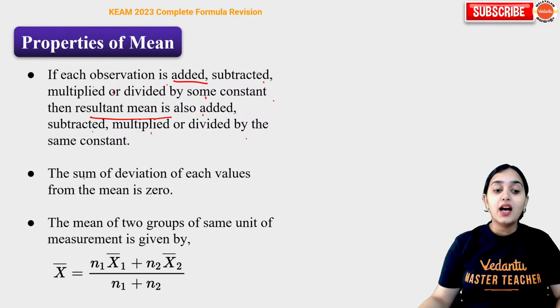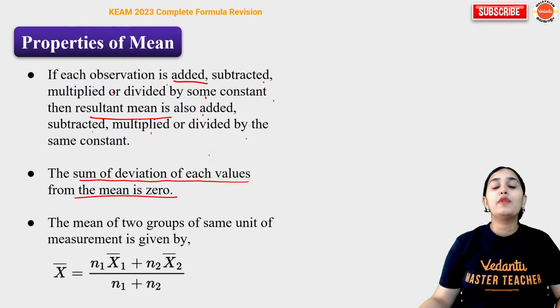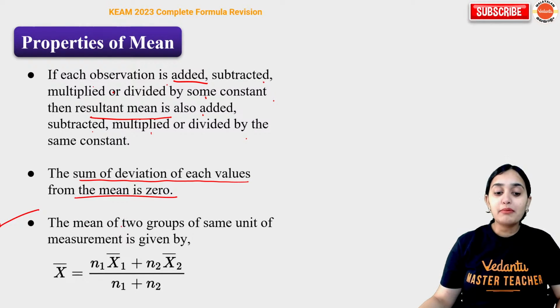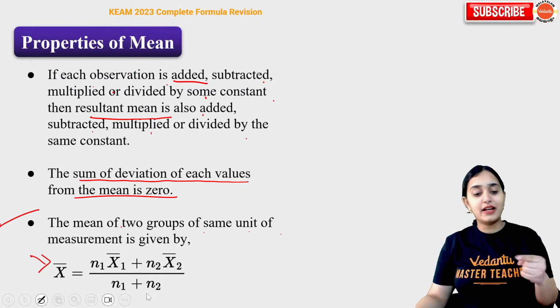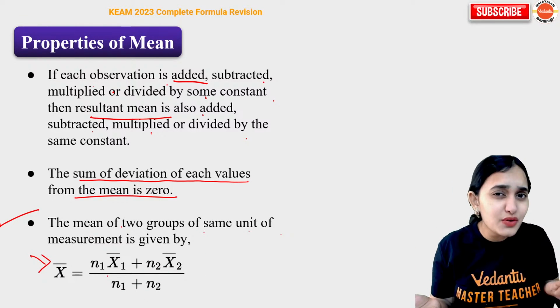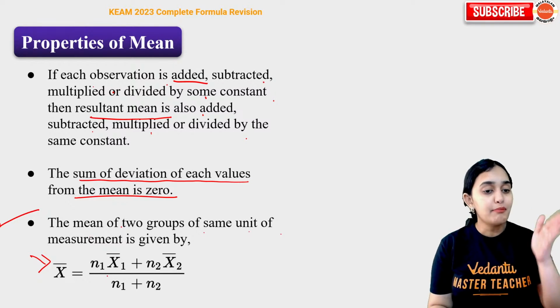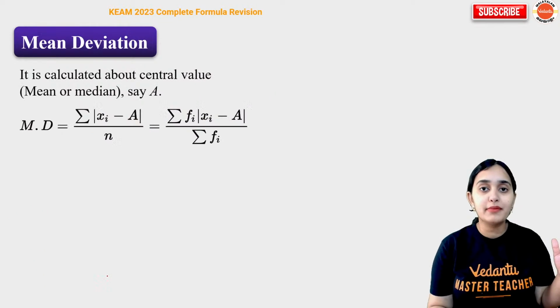The sum of deviations of each value from the mean will always be 0. And lastly, for two groups of the same unit of measurement, the combined mean is (n1 into x1 mean plus n2 into x2 mean) divided by (n1 plus n2). What are n1 and n2? Number of observations, count of the numbers basically.